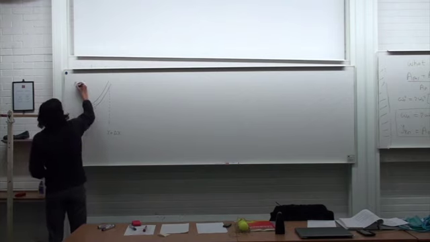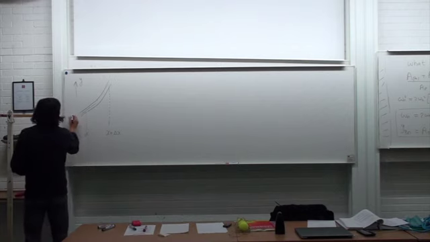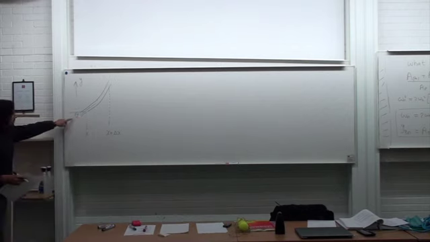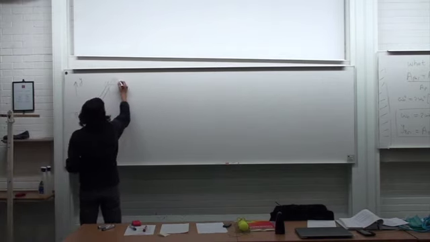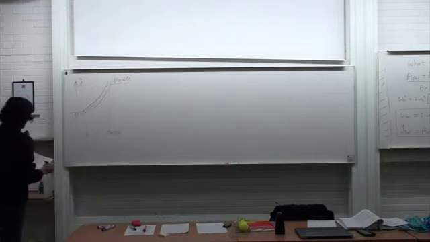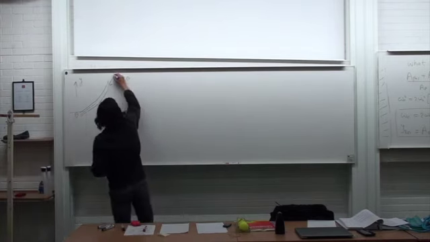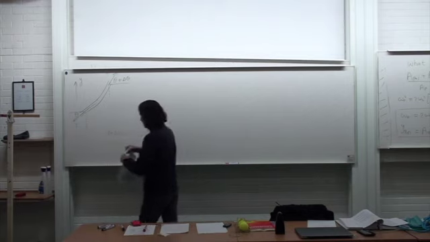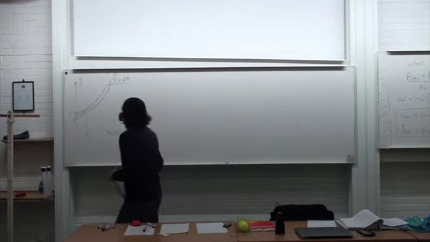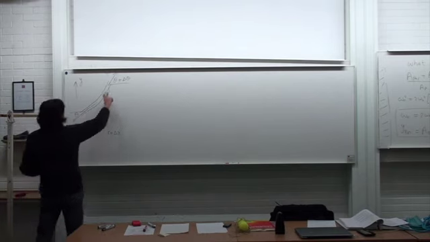This is the y direction. The angle here is theta, and the angle here is theta plus delta theta. There is a tension T here and tension T here. And the distance would be, this is dx and dy.